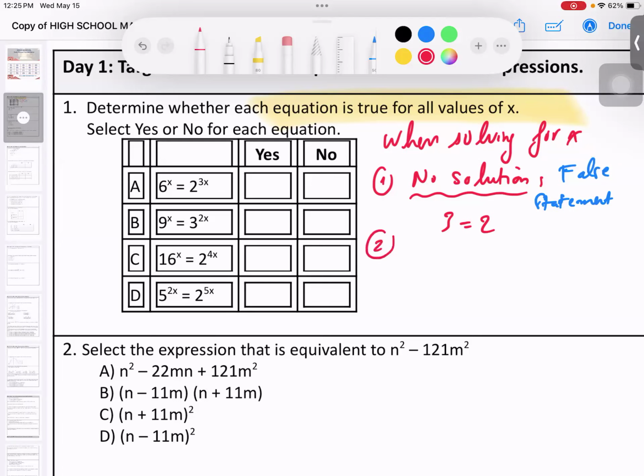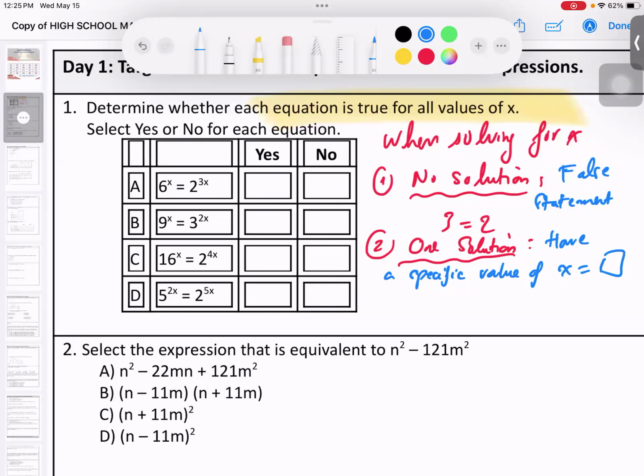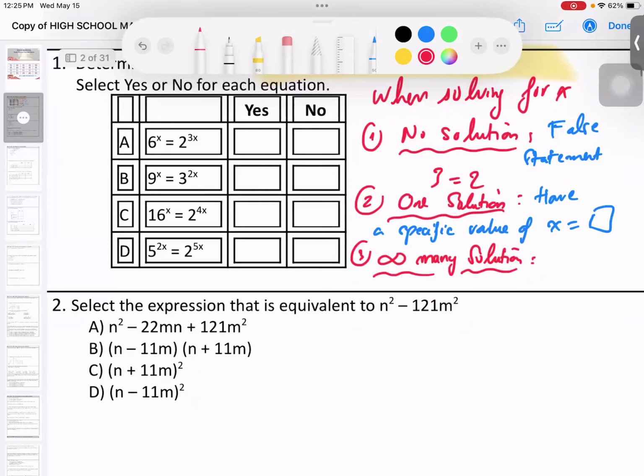Okay. How do you know if it's one solution? Yeah, it's x equal to something, a specific value of x. Okay. How do you know when it is infinitely many solutions? Right. Exactly.